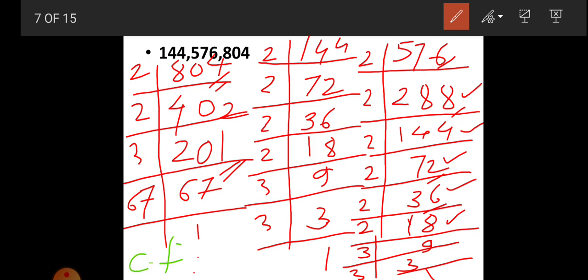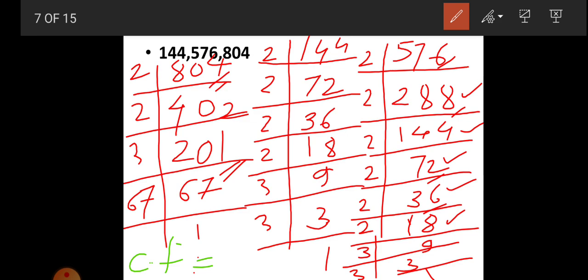In your notebook you will write all the factors of first 144, then 576, then 804, and then we take out the common factor. Here the place is not enough, that's why I will not write every factor here. I directly wrote the common factor.